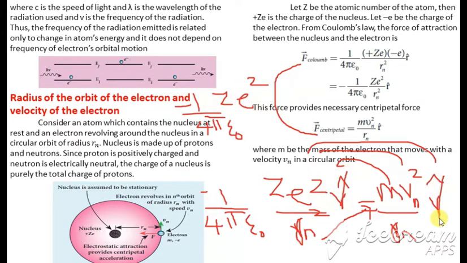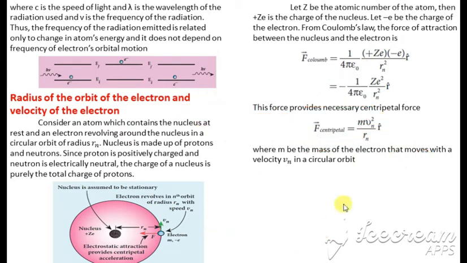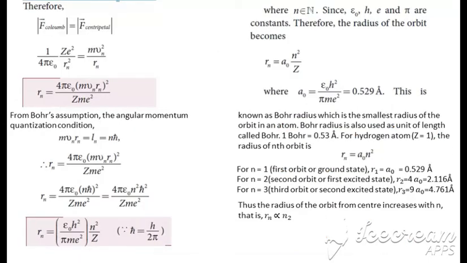The r cap and r cap get cancelled. m v square we have to bring down, so divided by m into Vn square, which is equal to Rn square divided by Rn. Now one Rn gets cancelled, so we get Rn equal to this term. So by equating both forces and getting the value of Rn alone, we bring this term to this side, and we get Rn is equal to this term.